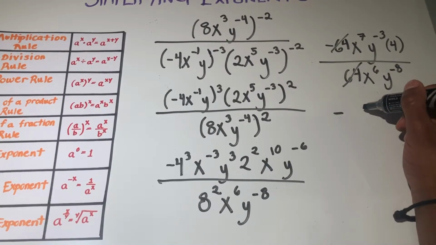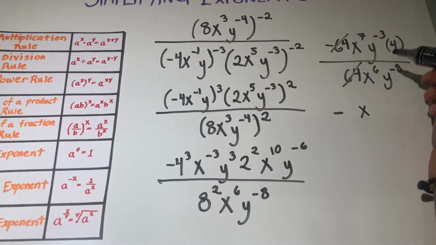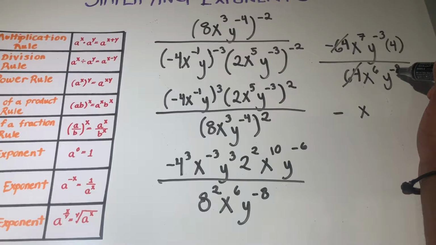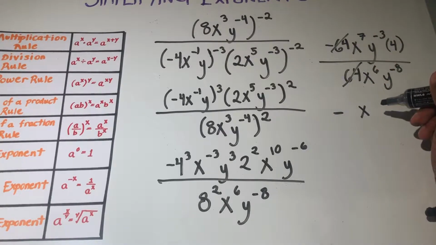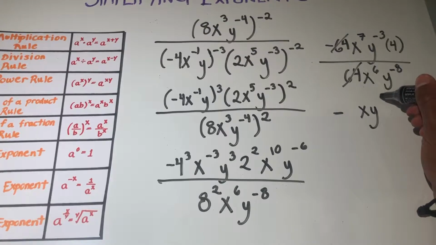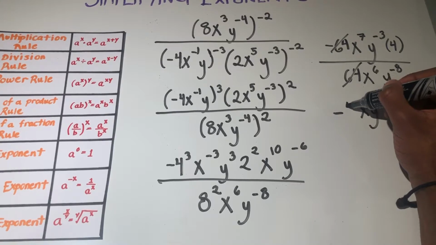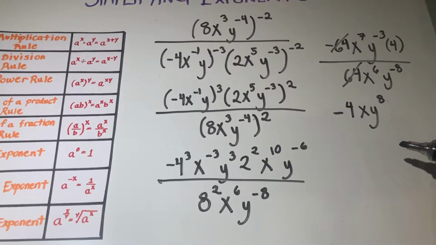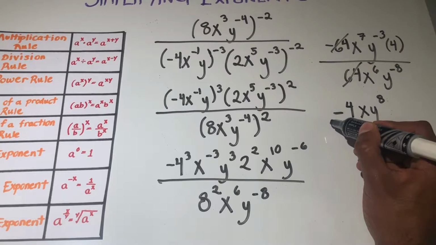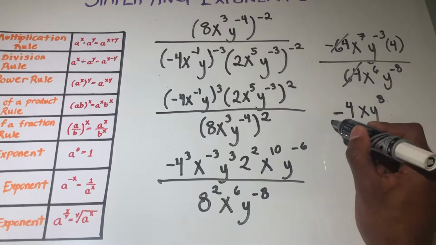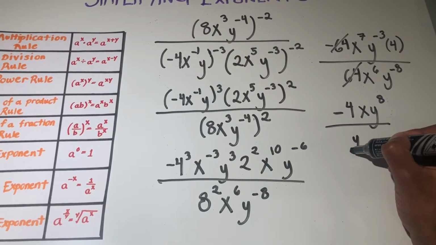So that's just going to give us x to the power of 1 at the top, but I'm not going to write the 1 here. We have y to the power of negative 3 over y to the power of negative 8. So if we switch them, we're going to get y to the power of 8 at the top. And then we still have the 4 here. So I'm just going to leave it here in front as a coefficient. All over y to the power of 3.